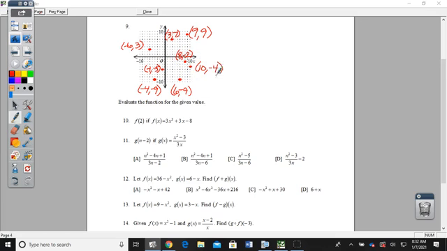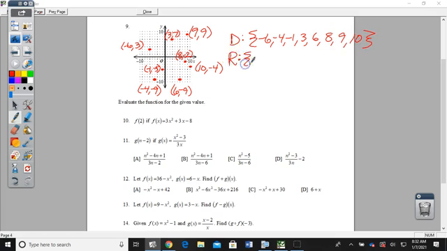Now, we do it just like the very first problem. Okay? Domain. We don't have to say greater than, less than, or equal because we have specific points. My x's are the domain. So we got negative 6, negative 4, negative 1, 3, 6, 8, 9, and 10.